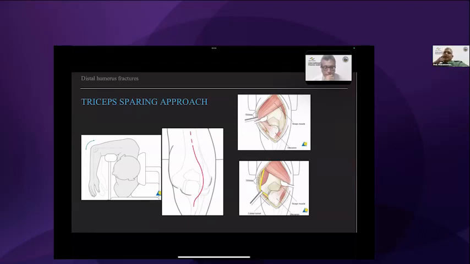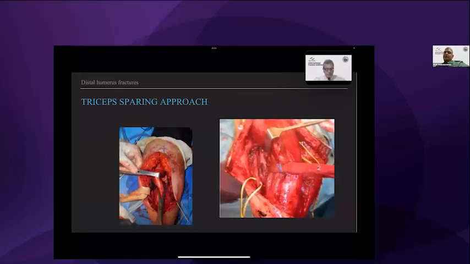Through a midline posterior approach, the triceps is separated from the lateral and medial intermuscular septum. I excise the medial intermuscular septum after isolating the ulnar nerve and securing it. Through the intermuscular septum, I can feel the anterior condyle by finger, and most of the reductions I do under C-arm image intensifier control.